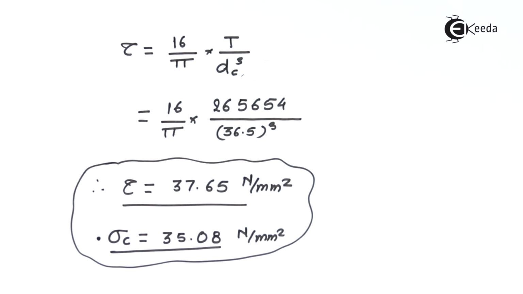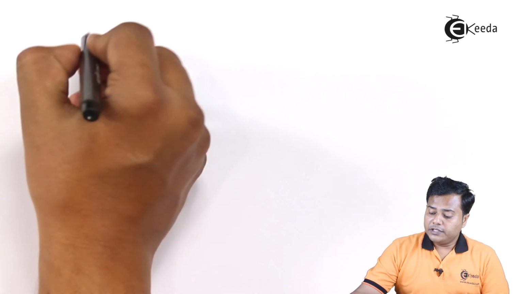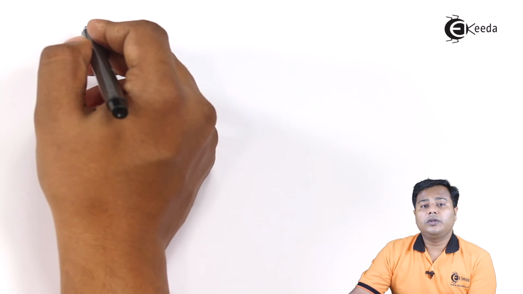After comparing these values, if the principal stresses generated in the component are lower than the allowable value, we'll say that it is safe. The same thing we are going to do ahead, and hence let us find out the principal stresses.